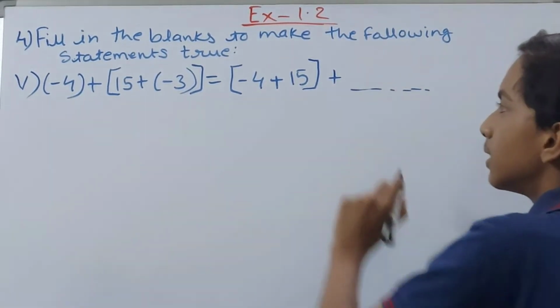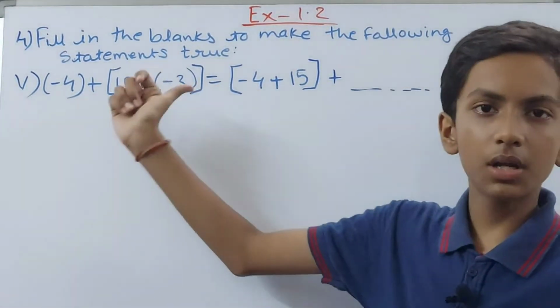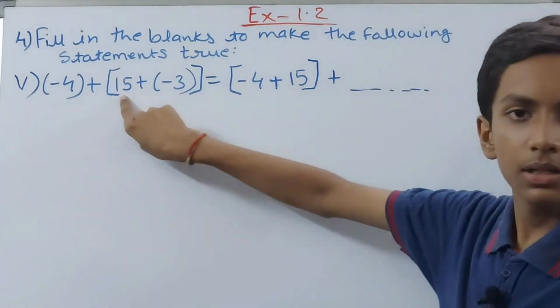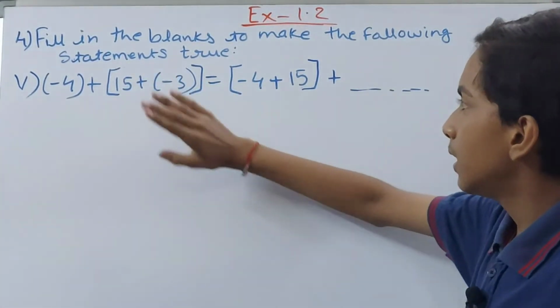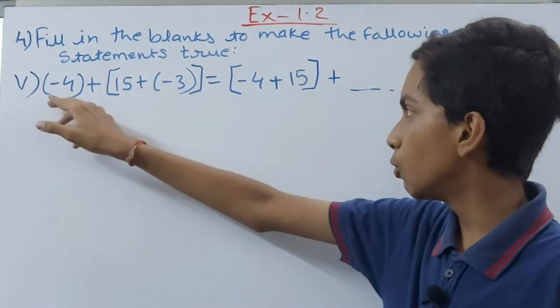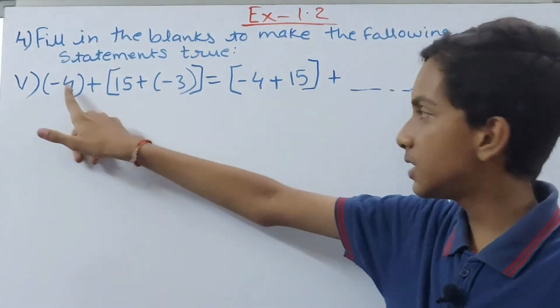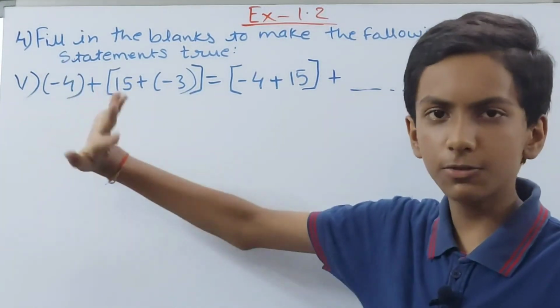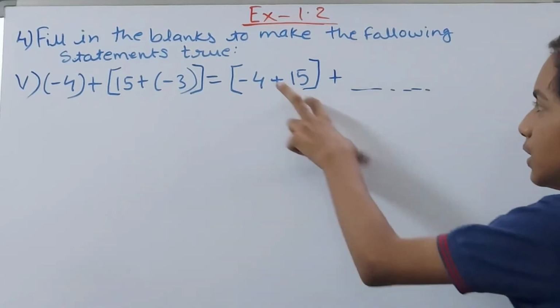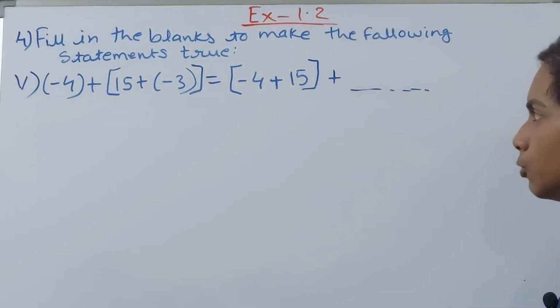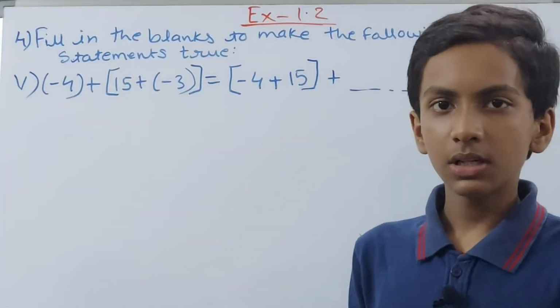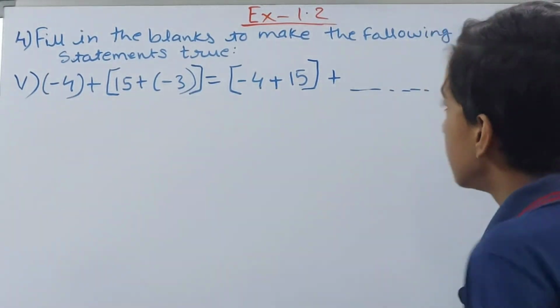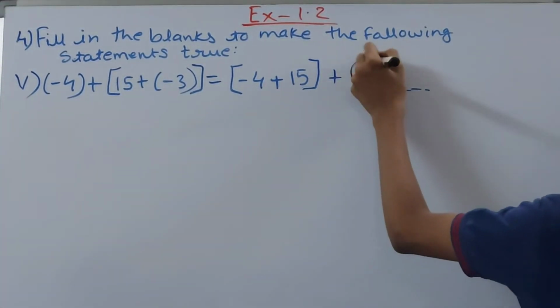Suppose you can see here in this one what numbers are grouped? 15, right, and minus 3 here, right? In this what numbers are grouped? Minus 4, sorry, this is not grouped, but this is left, so minus 4 is left. In this you can see minus 4 and 15 are grouped, so which one is left here? Minus 3 is left, so this we write in the brackets minus 3.